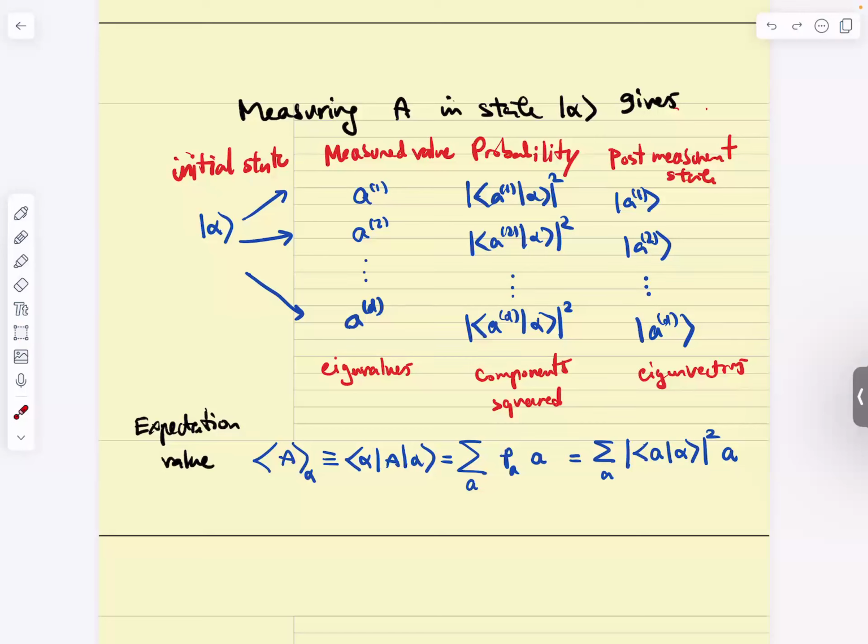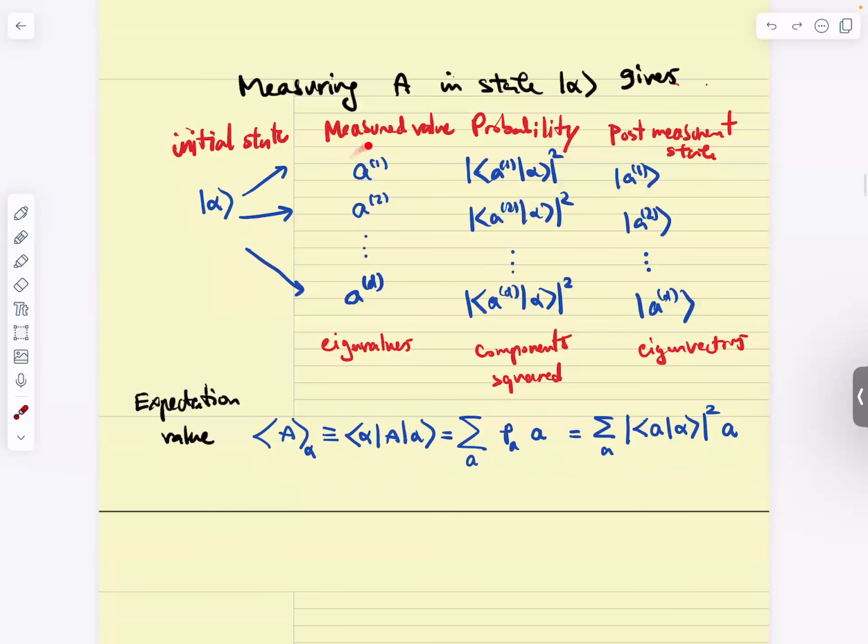In the case of spin, it was +1, -1. This has to do with the fact that it's quantized. The value of the observable that we read off in the measurement is the eigenvalue. So a1 is the result of the measurement. For example, you measure Sz and what comes out is ħ/2, or it comes out as minus ħ/2. This is the result that we read in the measurement.